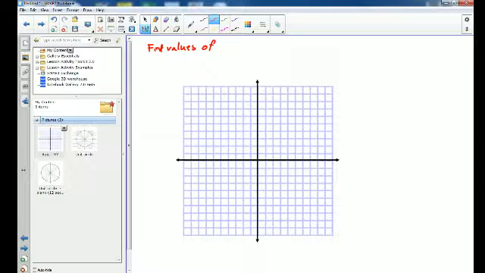Let's find the values of the 6 trig functions. Kind of review. All you've got to do is know the numbers on the clock right there. For angle theta in standard position. Okay, there's a lot to these.